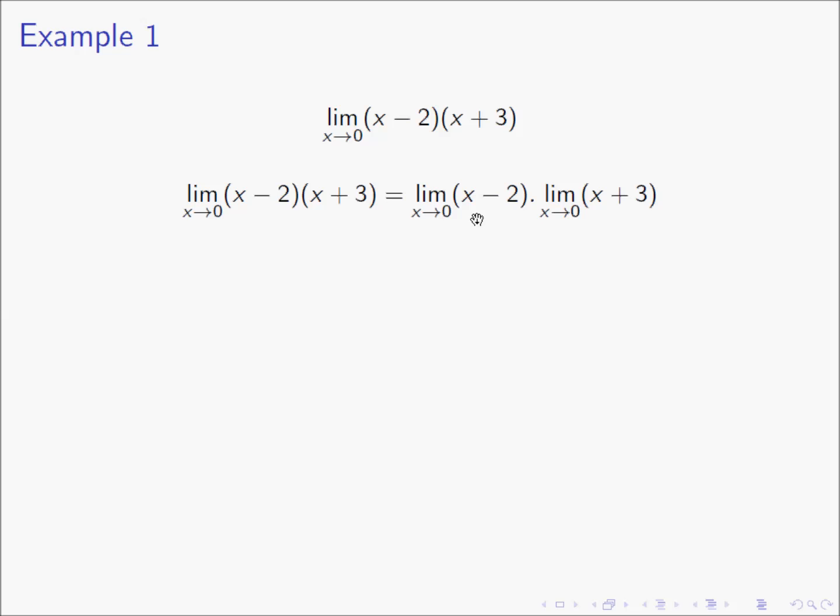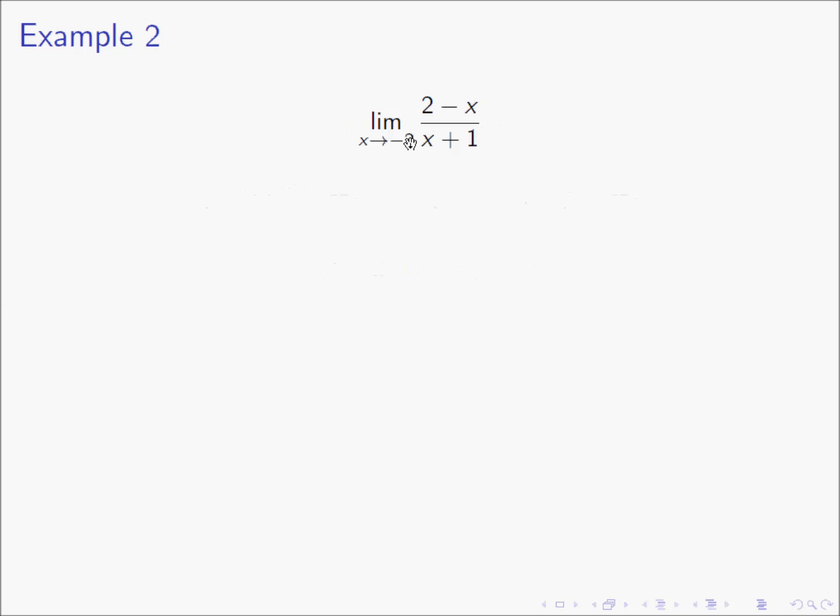Here we have the limit of x minus 2, and x approaches 0, so this will be 0 minus 2, and here we have x plus 3, but x approaches 0, so this is 0 plus 3. So we get that this equals minus 6. This was easy.